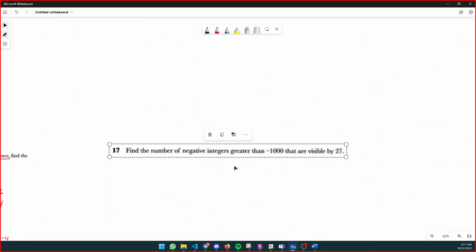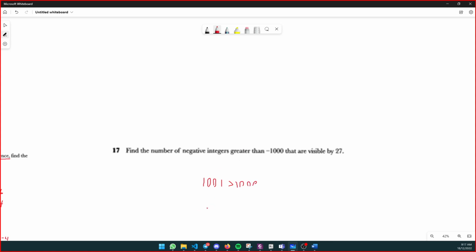Find the number of negative integers greater than negative 1000 divisible by 27. Remember, when it comes to negative numbers, sometimes we think 1001 is bigger than 1000, but in negatives it's the opposite.